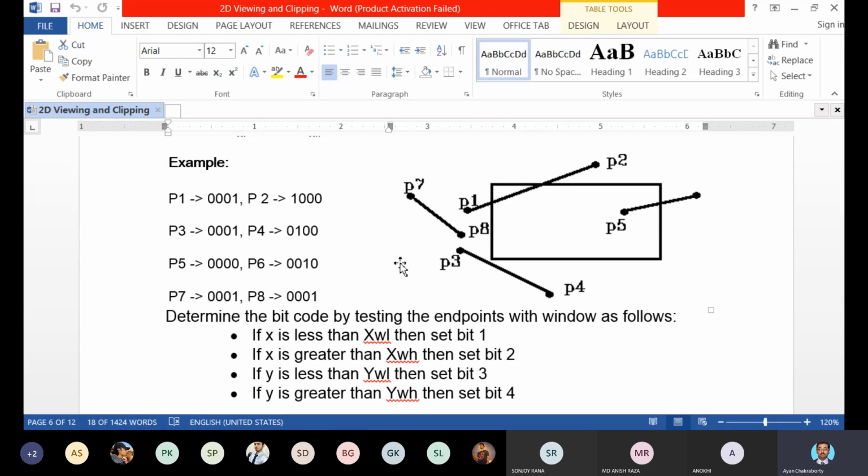As we know, if we are at the left side of the window, then the first bit of the region code will be 1.